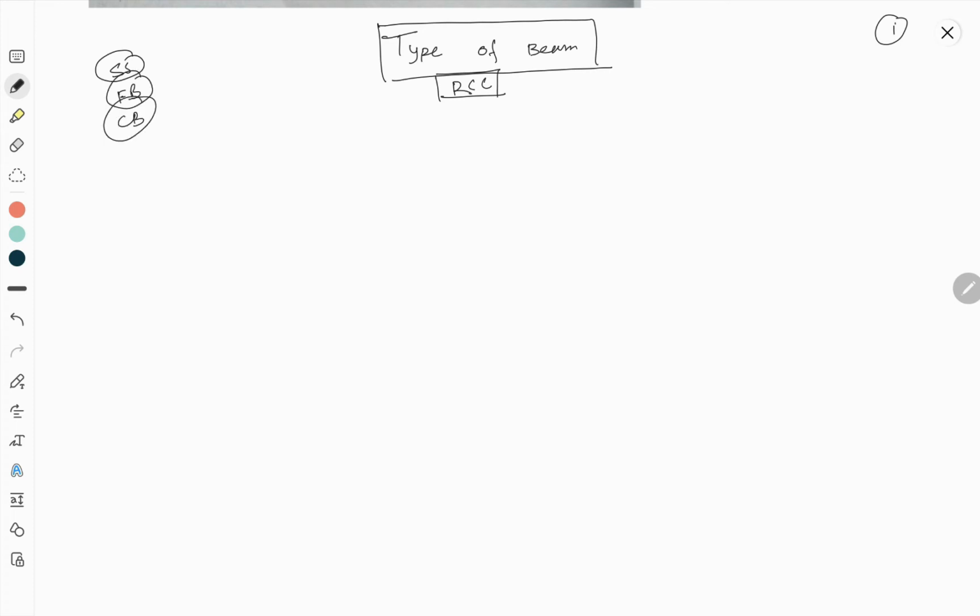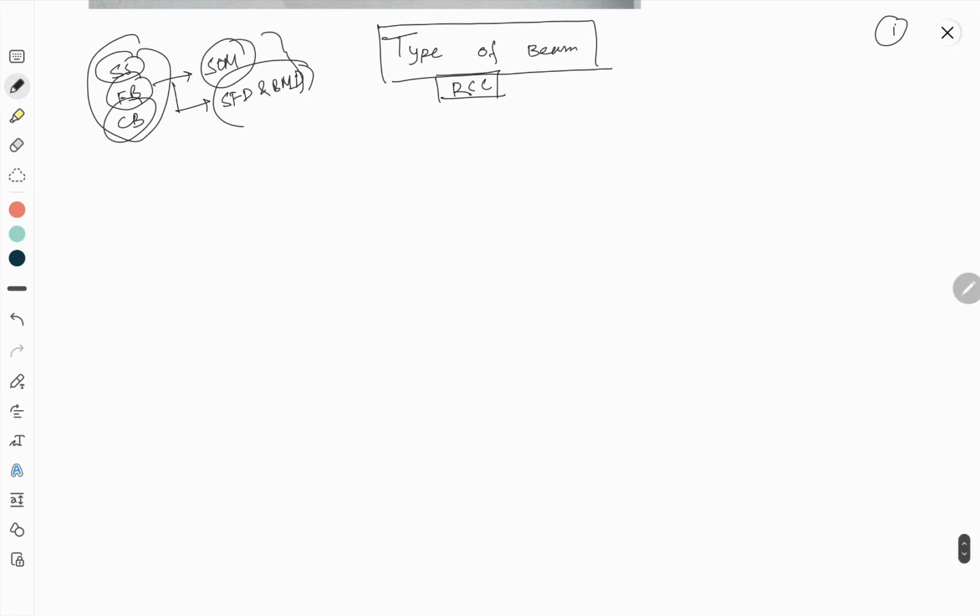Yeah, these are all types of beam as per strength of material, for doing the SFD and BMD. Now we'll do the construction. The same concept is also here, but we differentiate the beam as per shape and position of reinforcement.